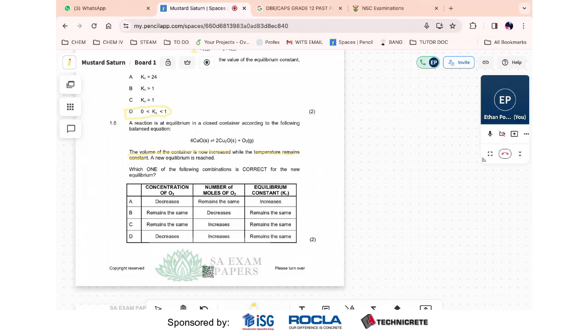So what that means is, because the temperature is constant and the volume changes, there is a change in pressure. So if we remember our equation, PV equals nRT, if our volume is changed but our temperature is constant, then our pressure has to change.